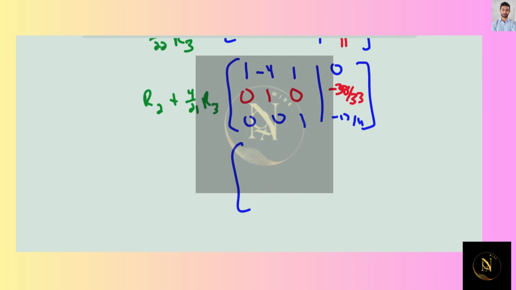Then we can get a 0 in row 1 column 3 by taking row 1 and subtracting row 3 from it. So we'll have 1, negative 4, 0, and then that would be positive 17/11. The rows 2 and 3 remain the same.